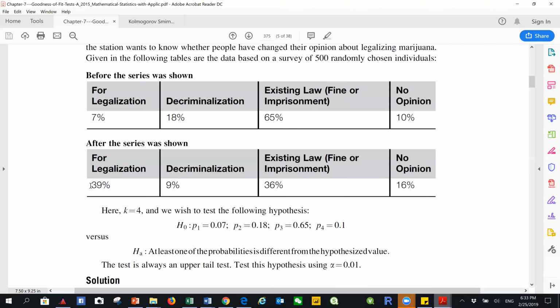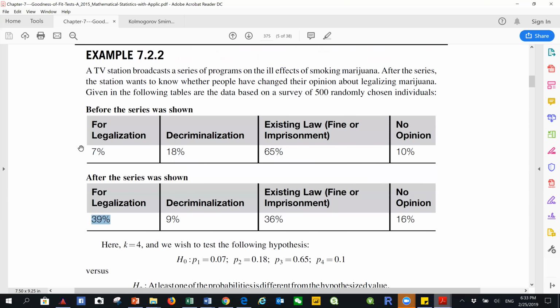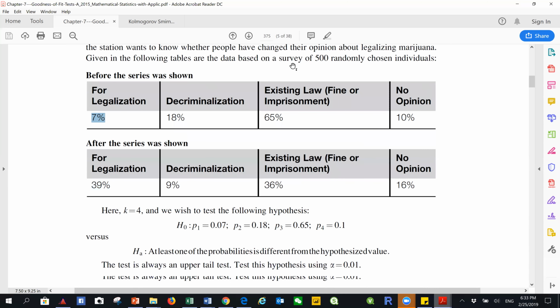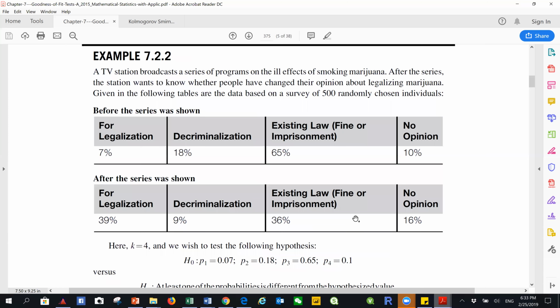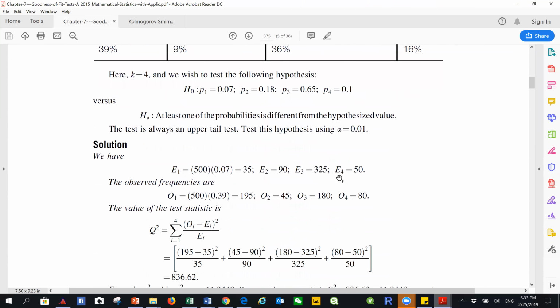Do they increase the people who support legalization? This is not very clear. It should, if the TV broadcast is on the ill effects, then this should go down. But after the series was shown, more people wanted it to be legalized. Not very intuitive.